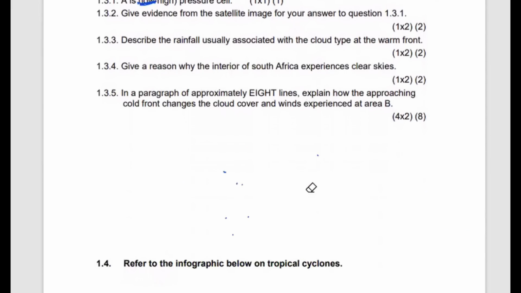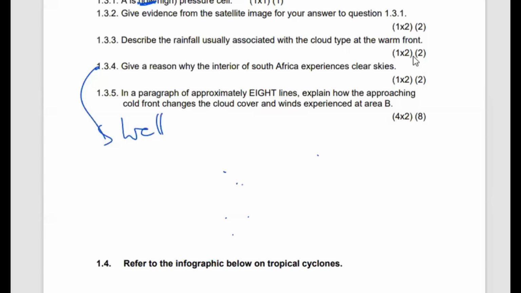So why is it that the interior is having clear conditions? When over the ocean we are having clouds forming and unstable conditions because of the mid-latitude cyclone. So that is number 1.3.4. Right. Why is it clear there?